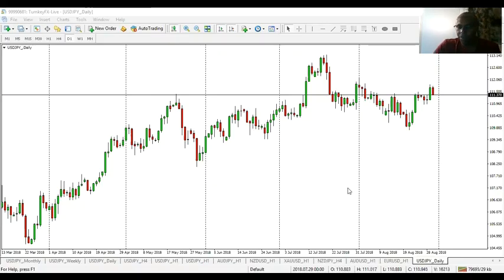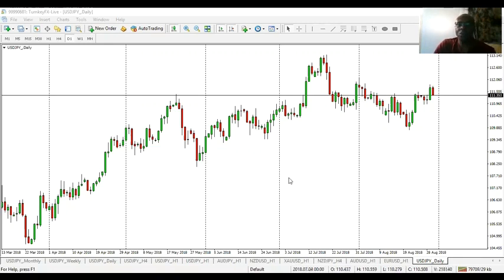We're going to look at setting up the Bollinger Band, the moving averages, and we're also going to add the support and resistance, otherwise known as demand and supply, on the daily chart.